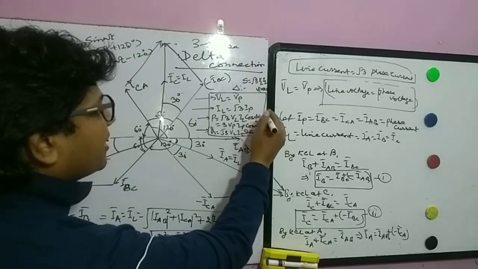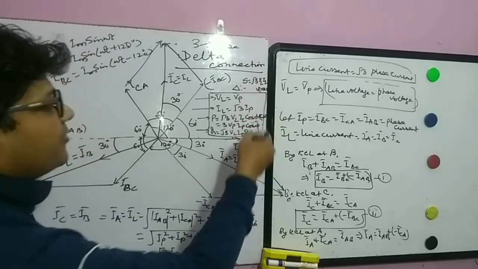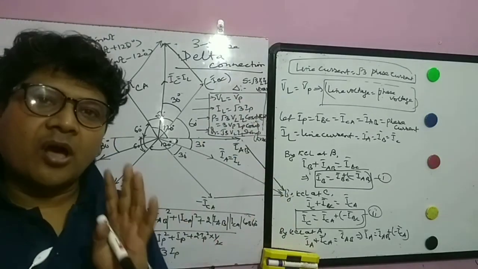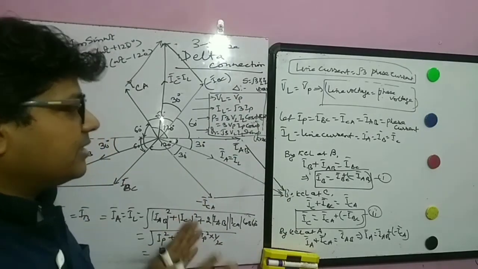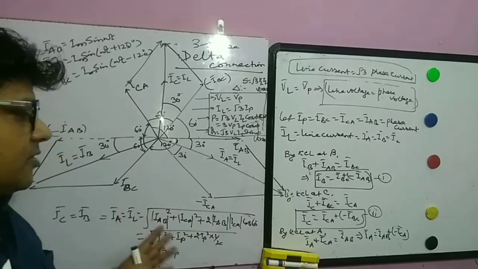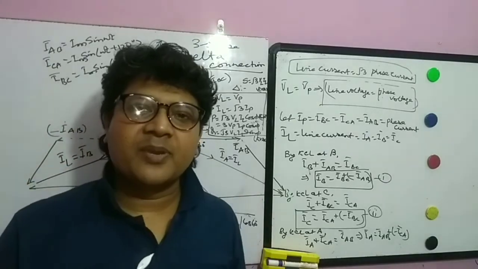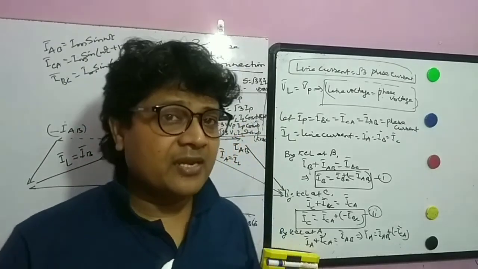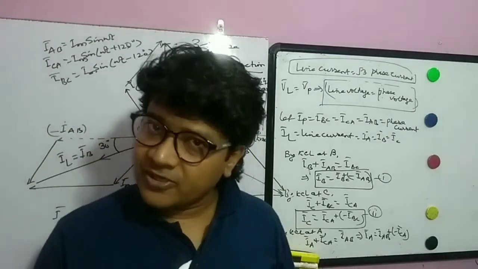So this will be again kilowatt. So kVA, kilowatt, and kVAR. So this is all about your delta connection. You only have to keep in mind two things, that phase voltage is equal to line voltage and line current is equal to root 3 times phase current.